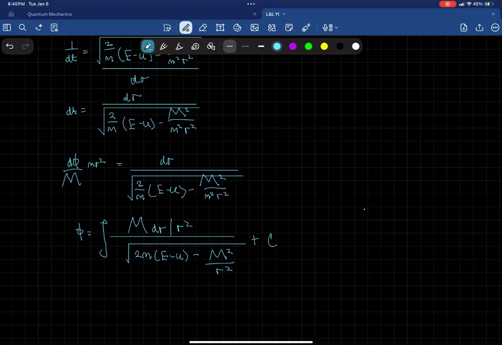So phi dot can never change sign. From the angular momentum being equal to m r squared phi dot, this can never be negative. And that also means that our final integral can never change sign. So this value always has to remain positive because of angular momentum.